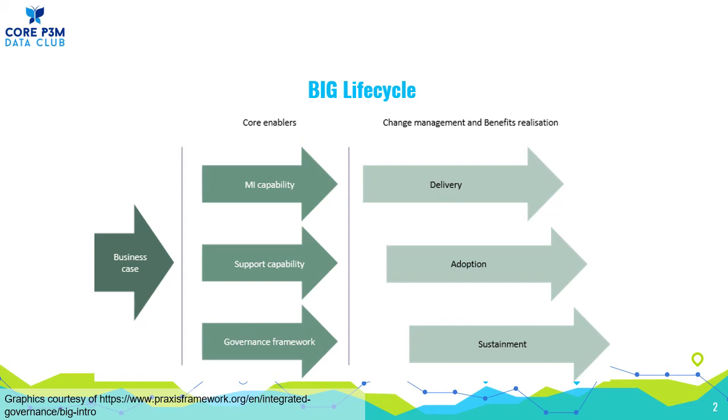So that's the BIG life cycle really. A program business case, a business case for a project to build core enablers, a period of change management and benefit realization where we can see the value that we've generated and justify the next stage of core enablers and wider engagement based on that.